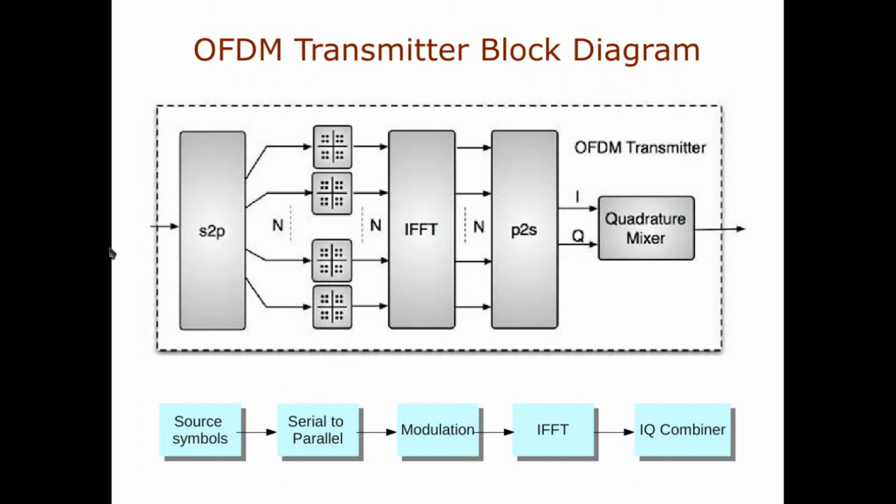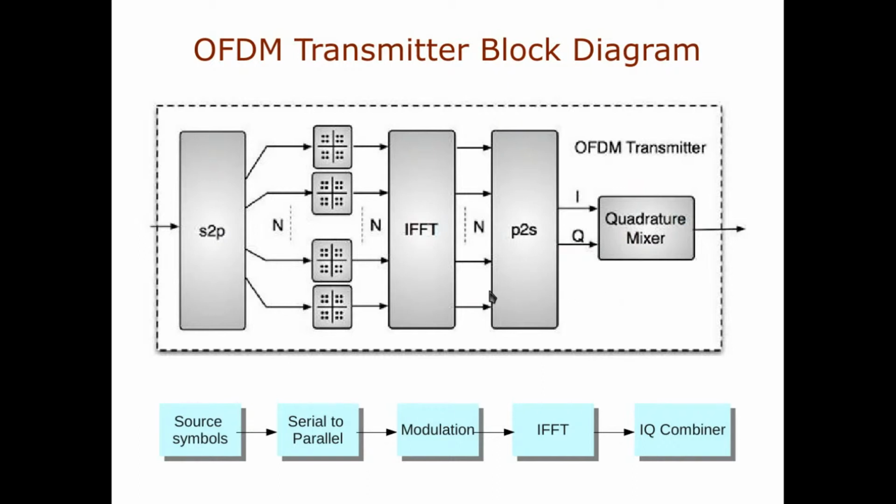You can see that we feed the data bits first to a serial to parallel converter, where the bits in series are converted into parallel to take an N-point constellation and to compute the N-point IFFT. So what we consider is we are going to convert the time domain into the frequency domain, and at the receiver we convert the frequency domain again back to the time domain.